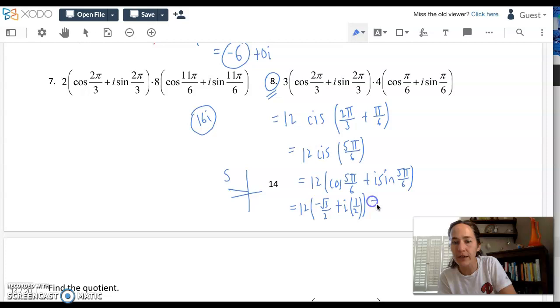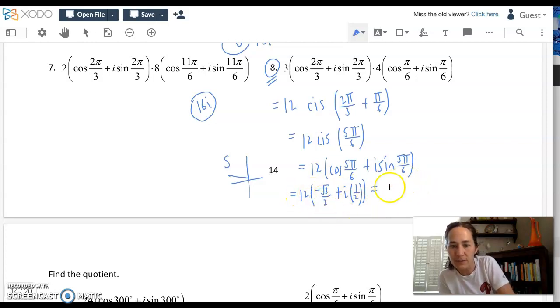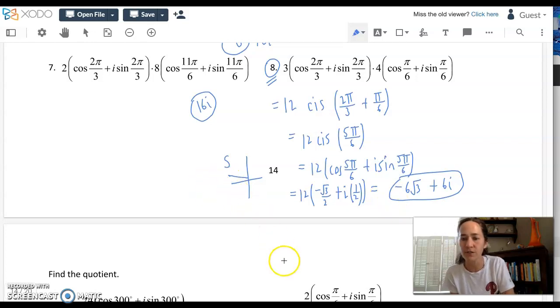And we'll leave our final answer simplified with no parentheses, just in that x plus yi format. So 12 times this fraction gives you -6 square root of 3 exactly, and then plus 12 times a half, we'll say 6 times i. And there's your rectangular form answer, which also falls in quadrant 2.